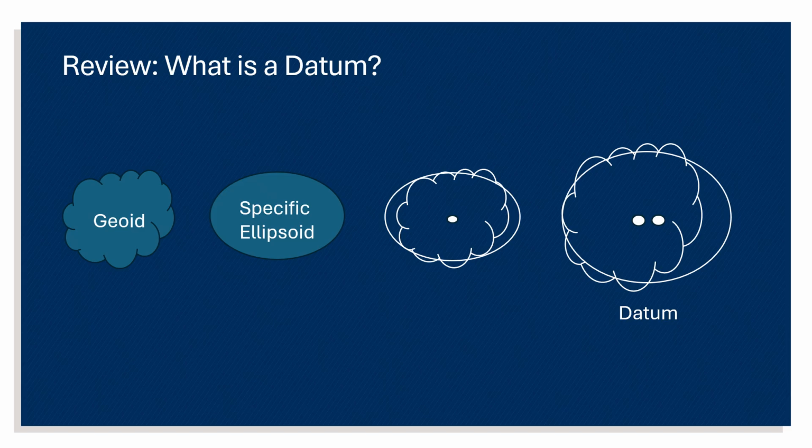So we create a datum, where we take those centers and move them around so that the surface aligns better with at least part of the surface of the geoid. Once it's been realigned, we can apply lines of longitude and latitude to it to create a GCS, and from that we create a PCS, a projected coordinate system. That's the whole underpinning of all the stuff that's going on.